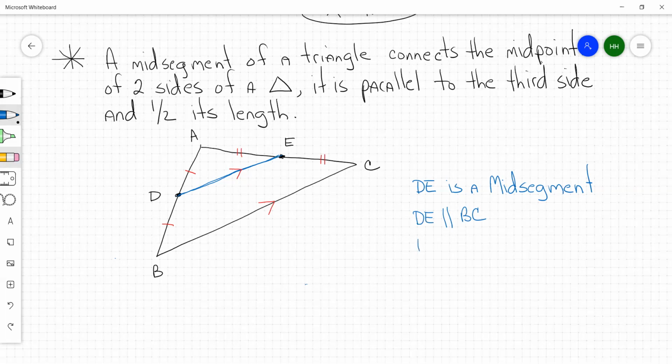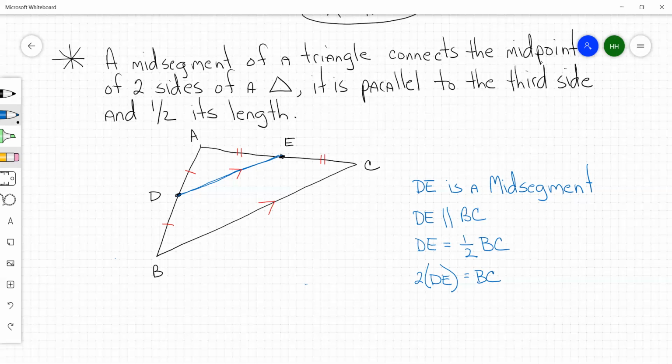We know that DE is equal to 1/2 BC. And if DE equals half of BC, don't 2 of the DEs equal 1 of the BCs? All that information right there is true about a midsegment.